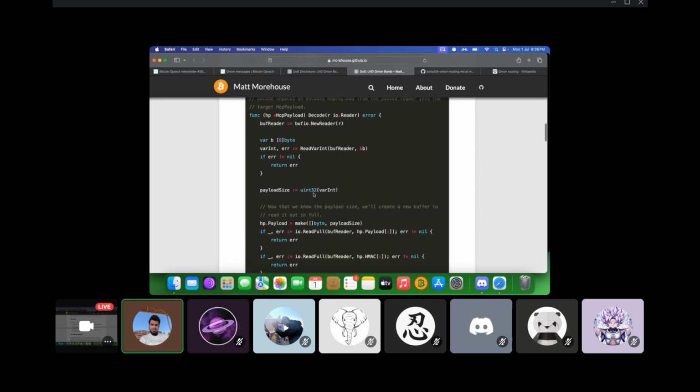So the person who's attacking could have put a prefix which could go up to 4 GB. If you see what is the maximum amount of data that can be stored in a variable of this data type, uint32, if you Google it, you see it's 4 GB.